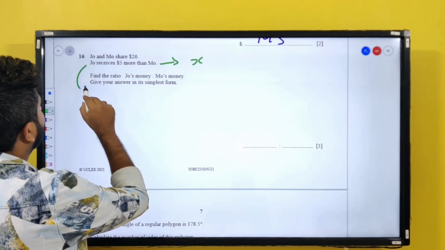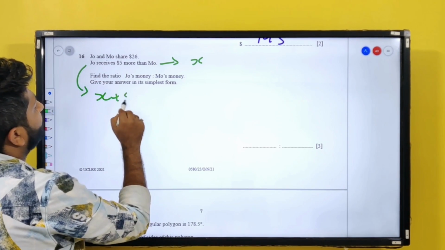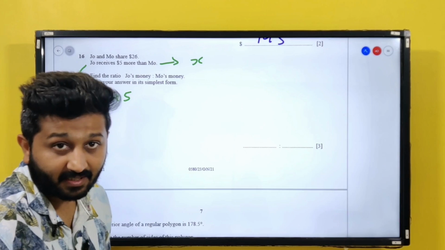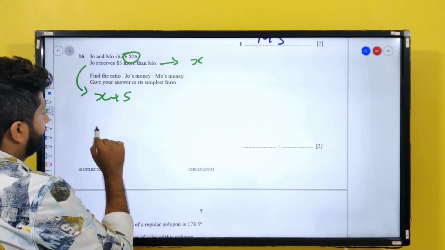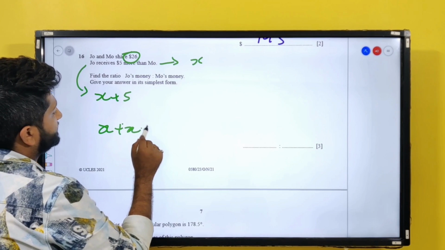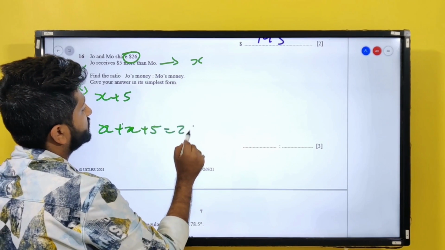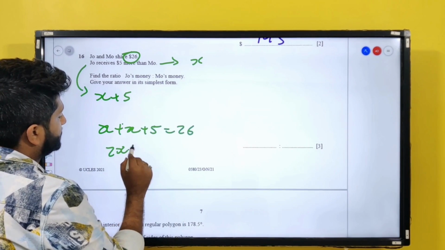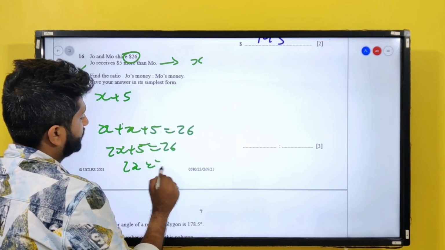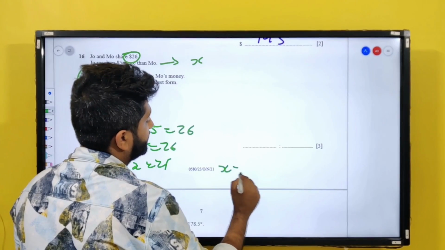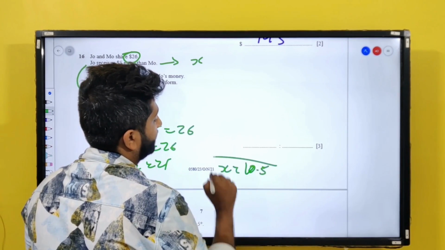Joe is going to receive X plus $5. Right? And in total, they are sharing $26. So X plus X plus 5 equals 26. So 2x plus 5 equals 26. 2x equals 21. X is equal to 10.5.